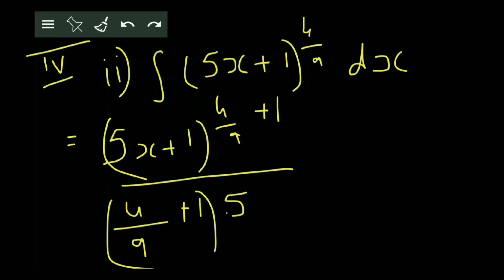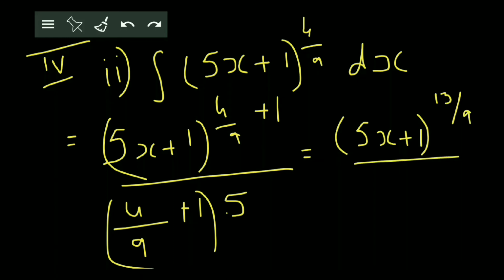So this term, that is divided by 5, that is upon 5 into 5 is written over here actually. So the term becomes (5x plus 1). Now 4 upon 9 plus 1, equalize the denominator, don't write it as 5 upon 9. Equalize the denominator, so 4 plus 9, that is 13 upon 9. Again, in the denominator also, 13 upon 9 into 5.